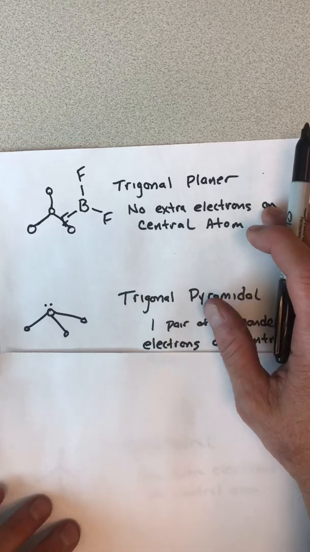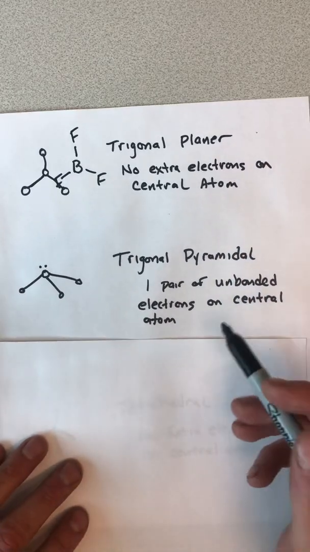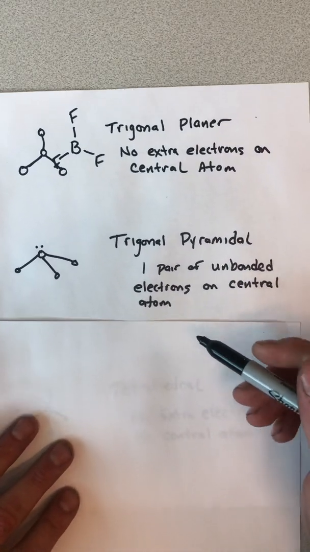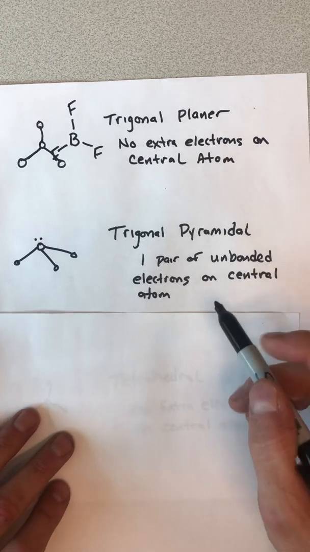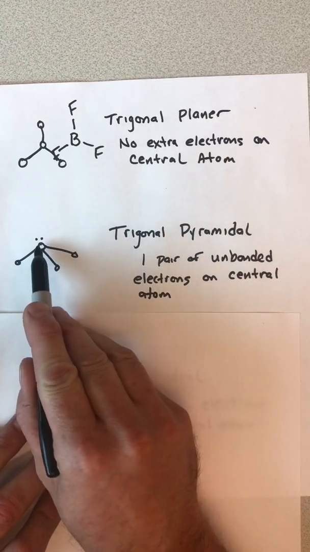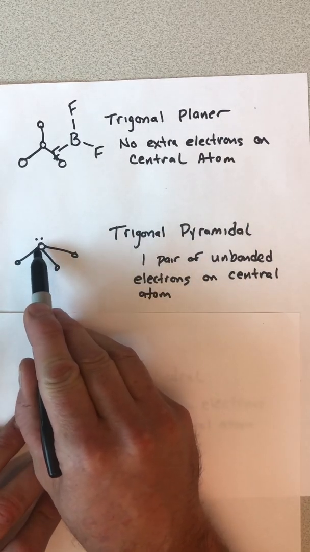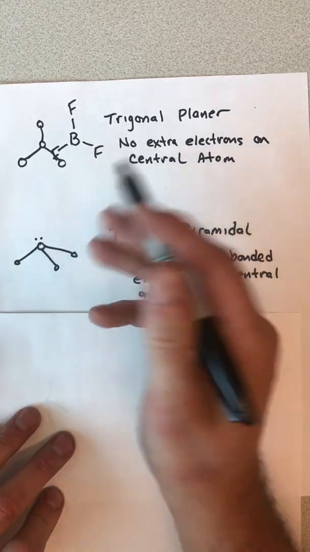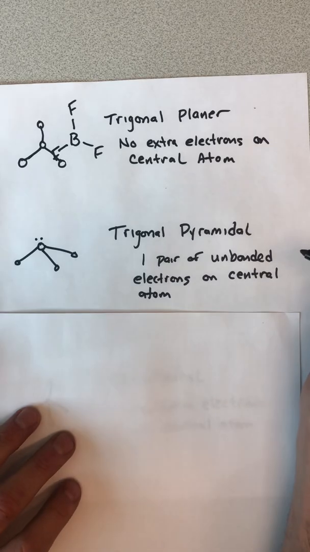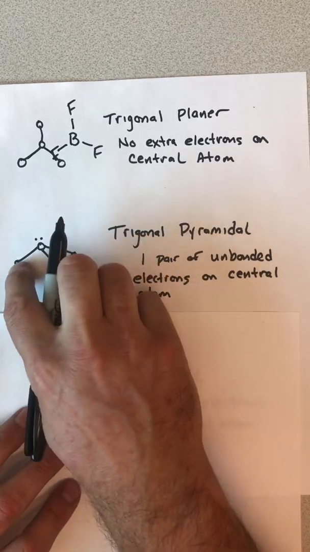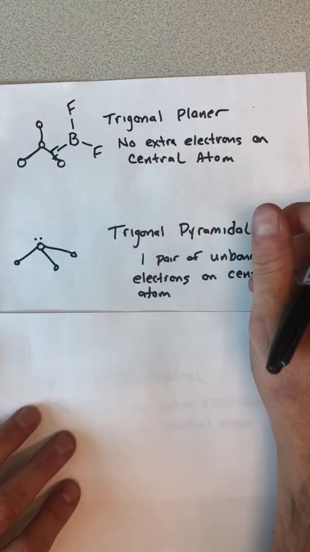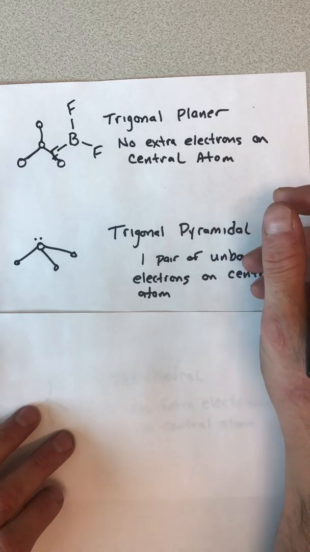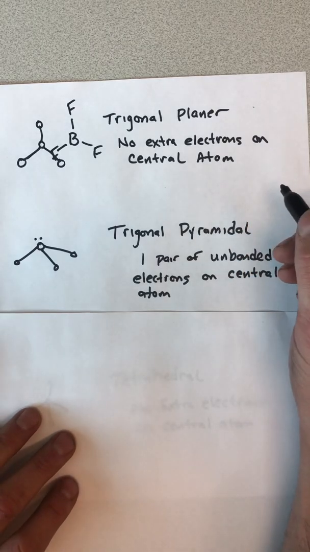Okay. Trigonal planar can easily look a little bit like trigonal pyramidal, and as you can see here, we've got a pair of electrons that are unbonded sitting on the central atom. And because that's an electron density, it fights for its space and pushes these 3 bonds down, and so everyone has as much space as they can get.